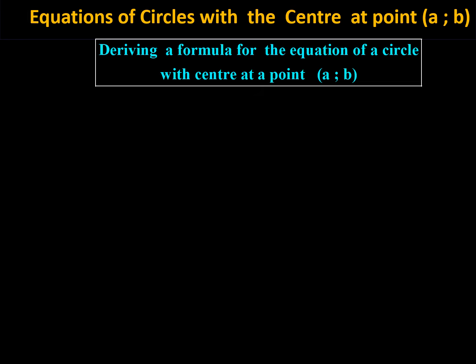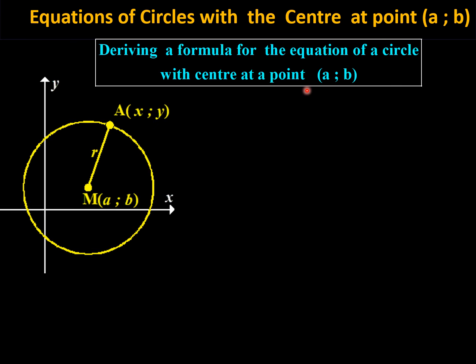Now let's derive a formula for the equation of a circle where the center is not at the origin but at point (a, b). Let's look at this graphically. So there we have a circle. The center is at M, it's not at the origin. There's the radius of the circle, and there's a point on the circle there. Now we can find the radius length, in other words AM's length, by using the distance formula.